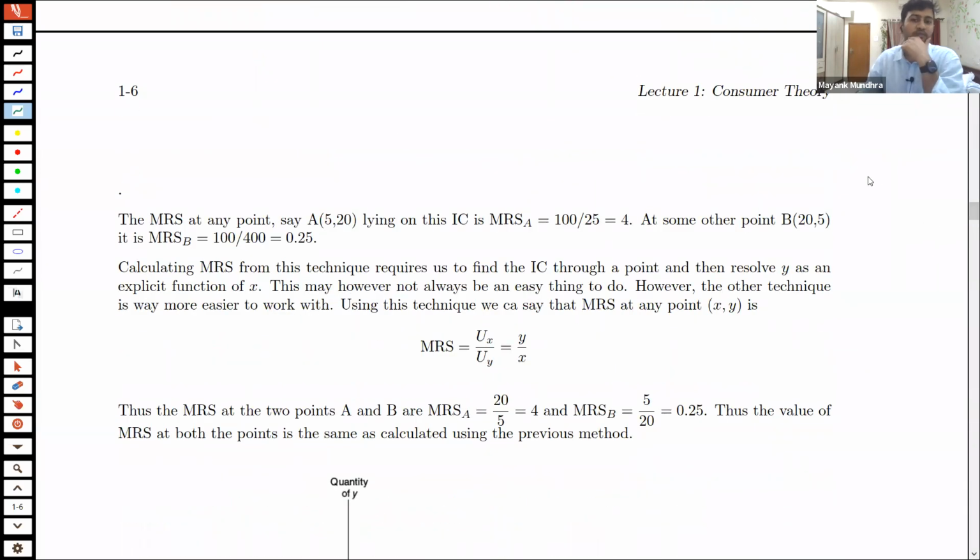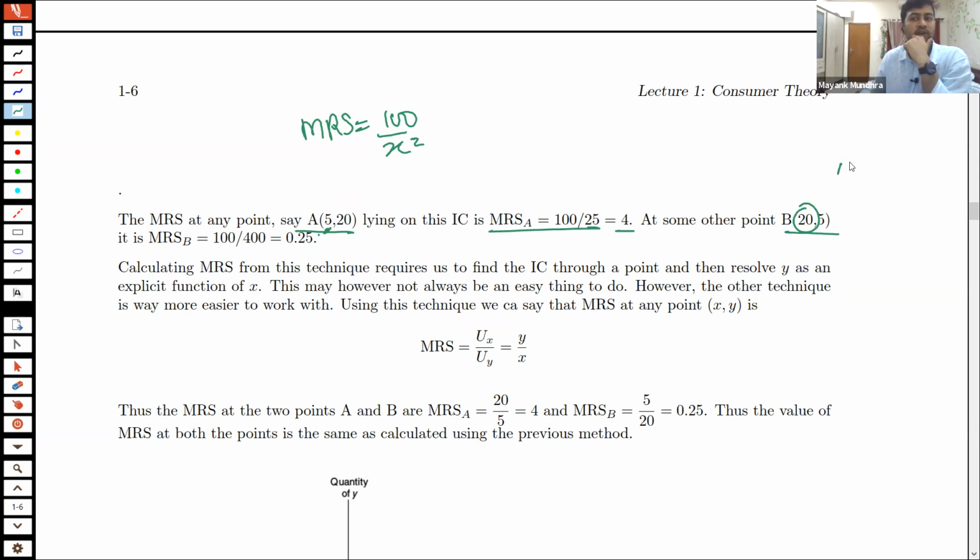Okay. So if I want to find the MRS at 2 points, let's say A and B. So point A is 5, 20, point B is 20, 5. So I have found out that MRS is 100 upon x square. So here x is 5. So MRS at point A becomes 4, whereas MRS at point B, point B is 20, 5.